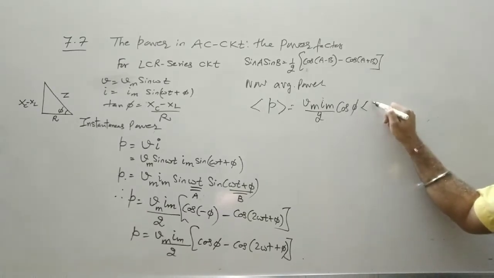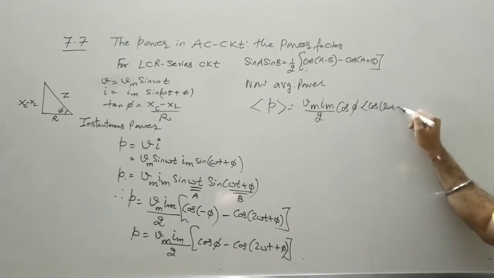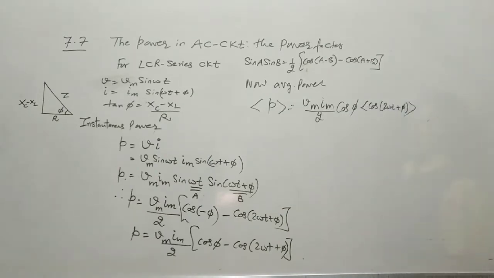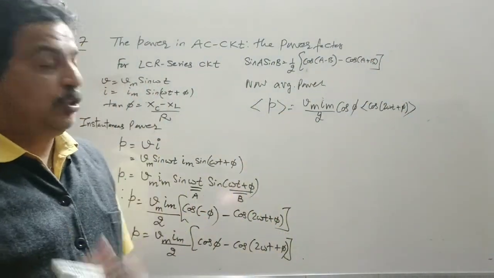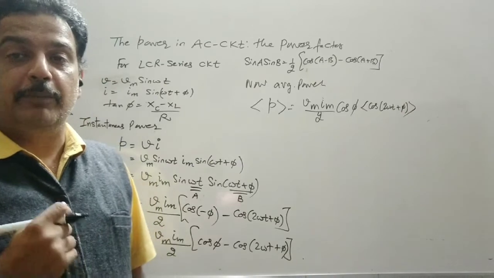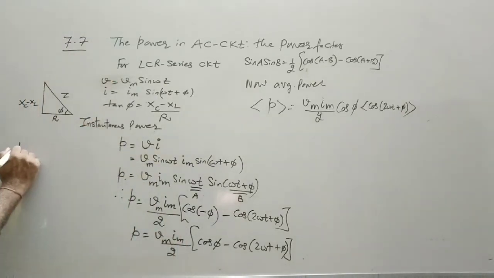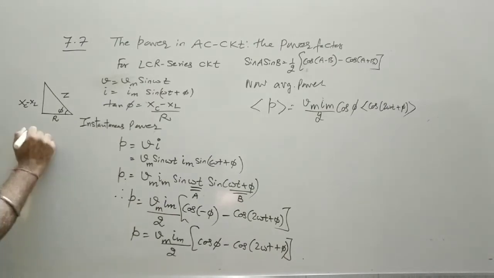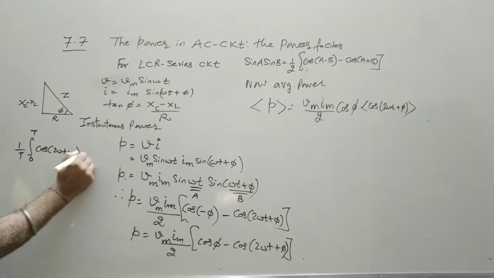So we have to take an average of cos for one complete cycle, and we know the average of cosine and sine for one complete cycle is 0. That you can test by doing the integration 1 by T cos of 2 omega t plus phi d phi or d theta.